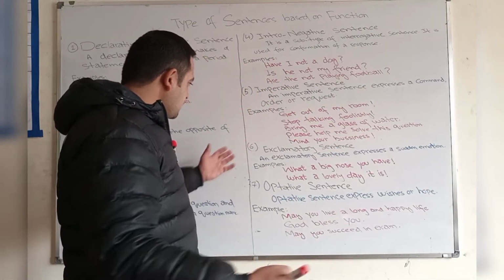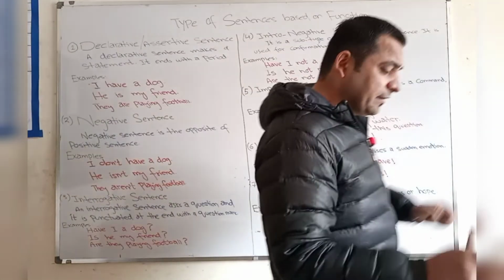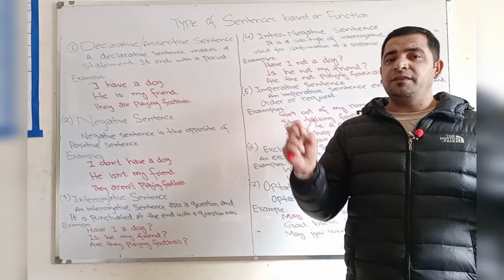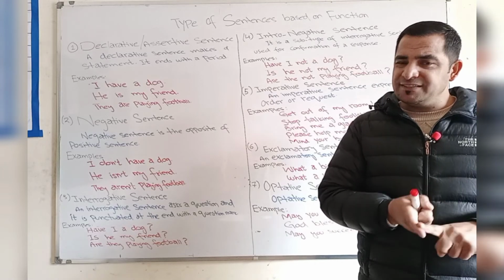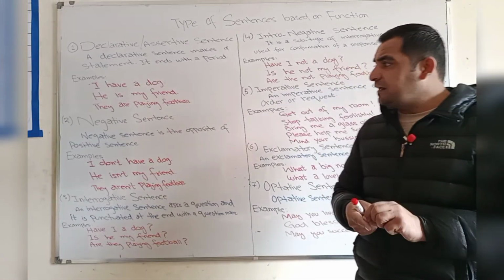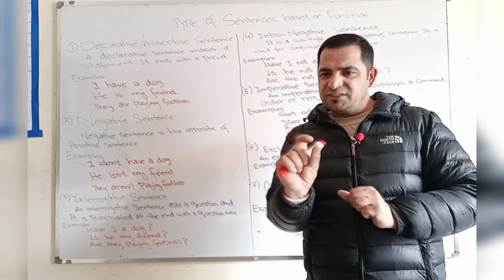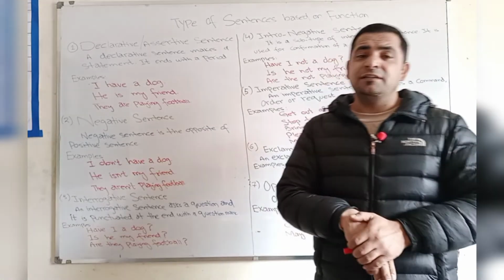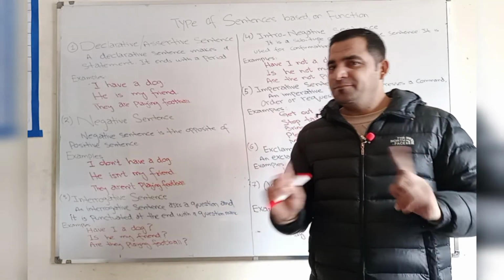So that is all about today's lesson. Let me take a quick review. We have talked about types of sentences. We started with a declarative or an assertive sentence, which makes a statement and concludes with a full stop. And then we talked about the negative sentence, which brings in no somewhere in the sentence. It negates, it refuses the statement: I have a dog, I don't have a dog, and so on.